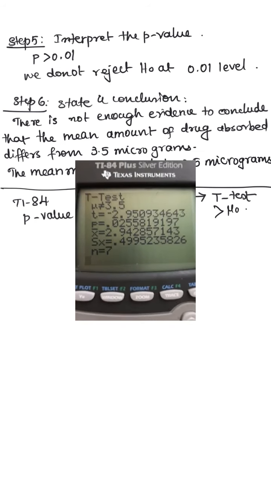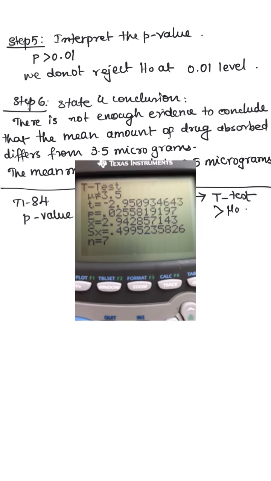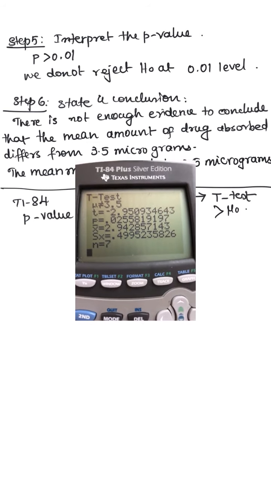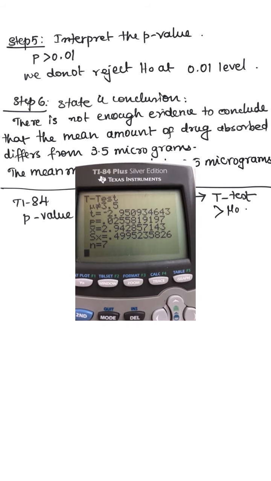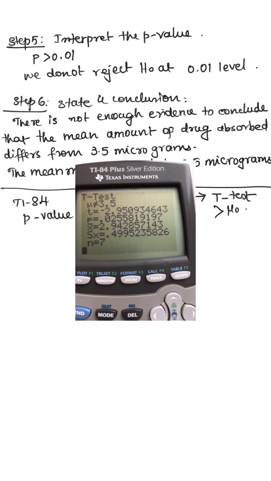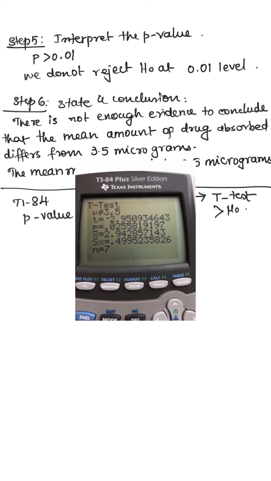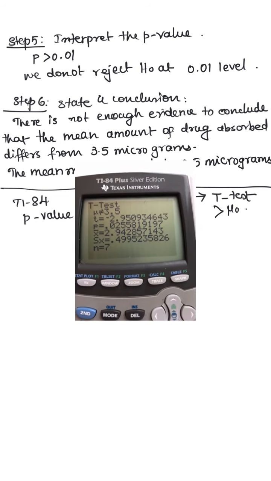So you can see the p-value is 0.025581, which is greater than 0.01. So we do not reject the null hypothesis at the 0.01 level. Then interpret the result.